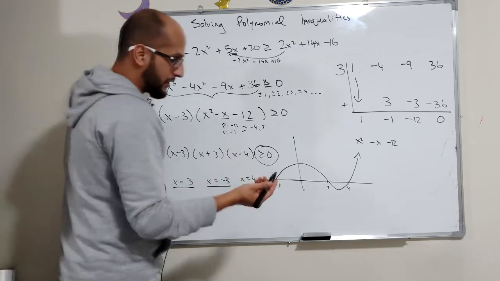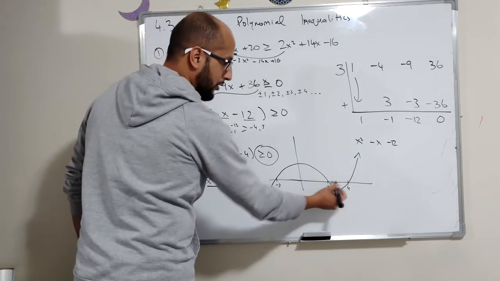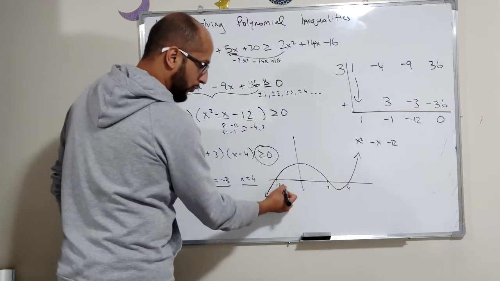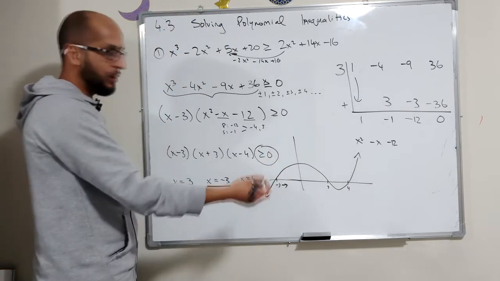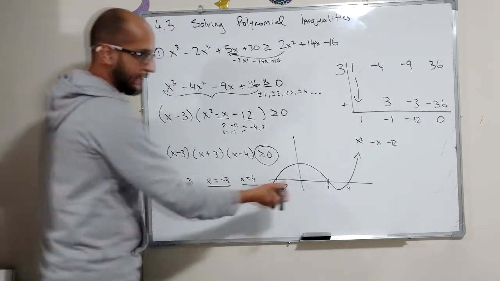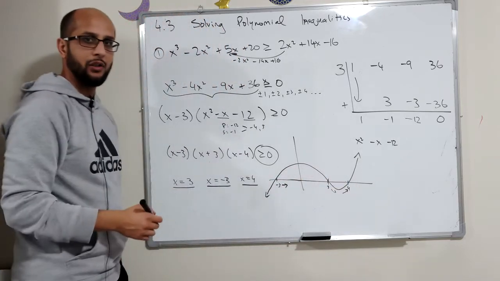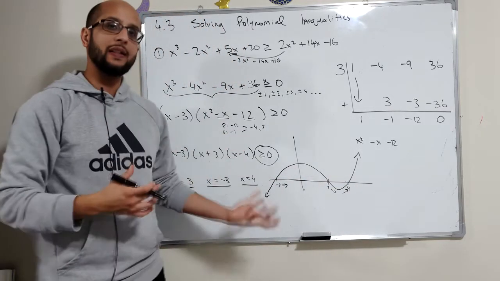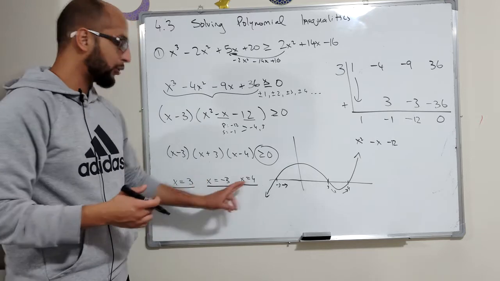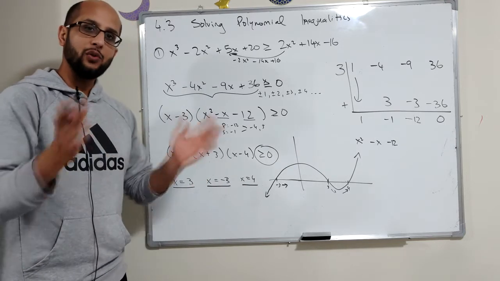It can only be positive or negative between the x-intercepts. If it's positive to the right of -3, it has to stay positive until the next x-intercept. If it's negative down here, it has to stay negative until the next intercept. So what we do in this case is we solve for our roots, and then we determine what the y values in between are.